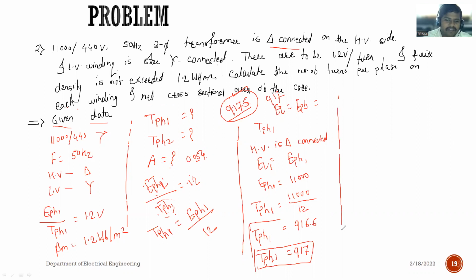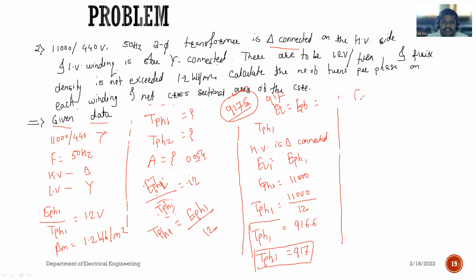Now similarly calculate the value of TPH2. All of you understood? If the voltage per turn ratio is given, that means it is applicable for primary also, applicable for secondary also. म्हणजे प्रायमरी व्होल्टेज पर टर्न पण सेम राहील, सेकंडरी व्होल्टेज पर टर्न पण सेम राहील. सो हाच फॉर्म्युला मी सेकंडरी साइड साठी पण लिहू शकतो.